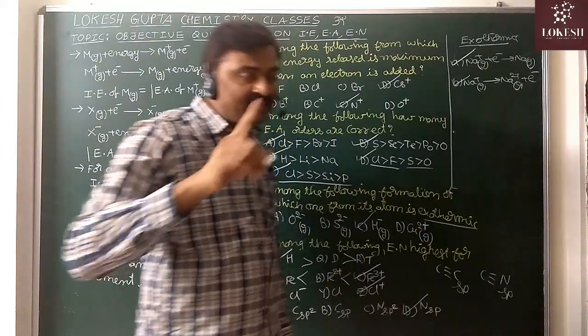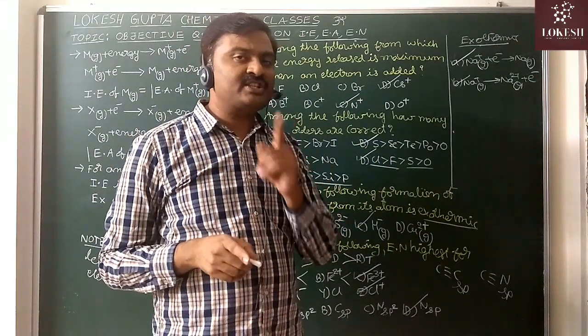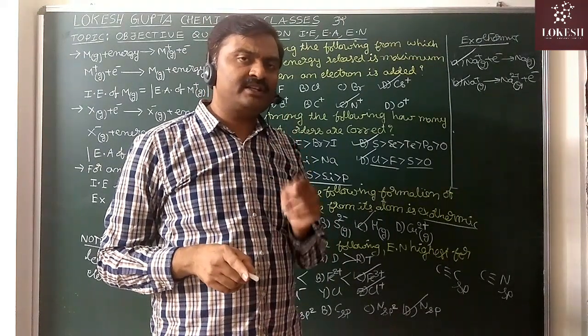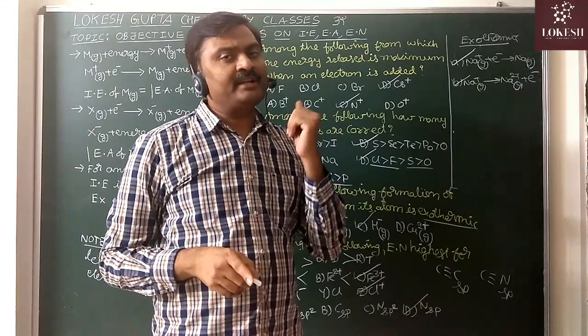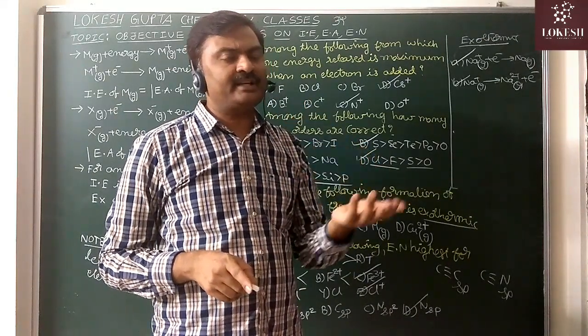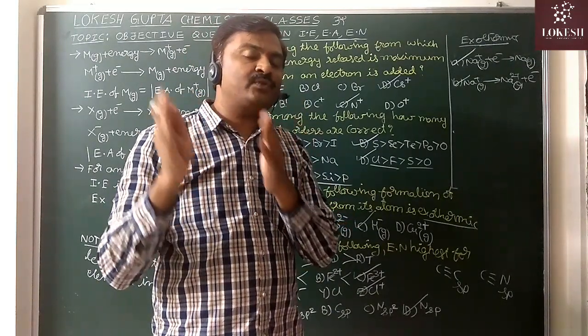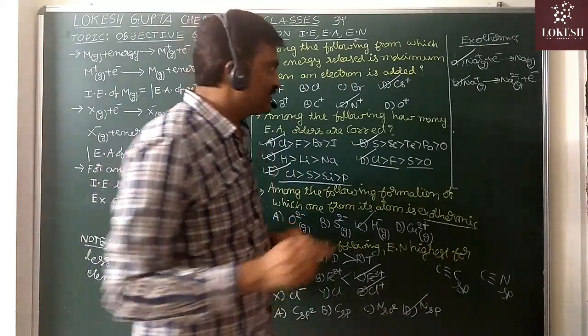See, electron affinity, E.A.1, is exothermic except for beryllium, magnesium, nitrogen, and noble gases. Electron affinities of beryllium, magnesium, nitrogen, and noble gases are endothermic. For the remaining elements, E.A.1 is exothermic. Next, E.A.2, E.A.3, E.A.4 and so on are all also endothermic.